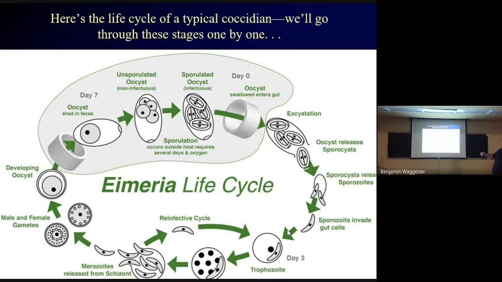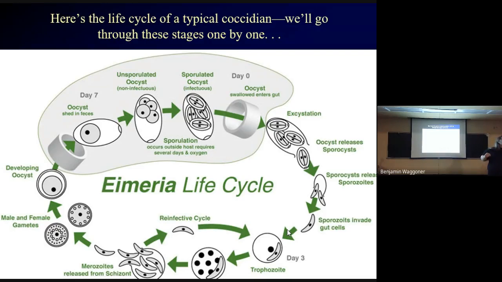And the sporozoites penetrate into gut cells. But once they're in the gut cell, they're in there completely, unlike gregarines, and they can divide repeatedly, asexually, forming a stage called the schizont.